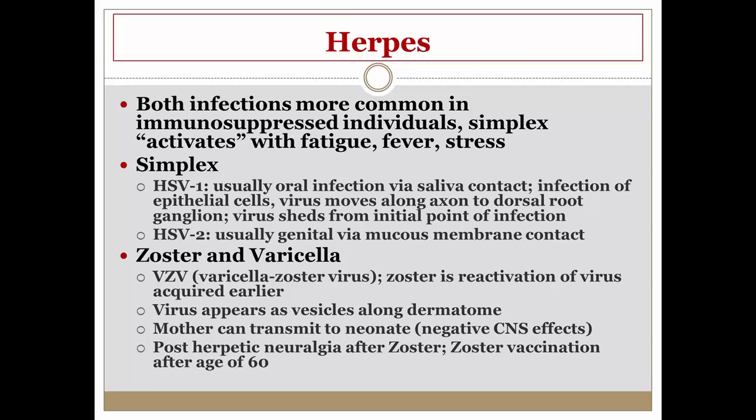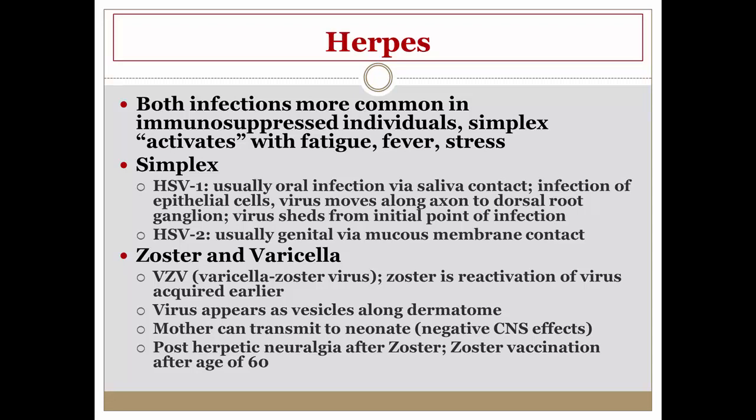One of the biggest problems we have is post-herpetic neuralgia after zoster, because remember, this has a dermatome relationship, and it is very, very painful. Post-herpetic neuralgia affects about 2/3 of the patients who actually manifest herpes zoster.